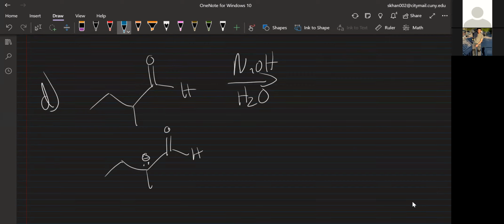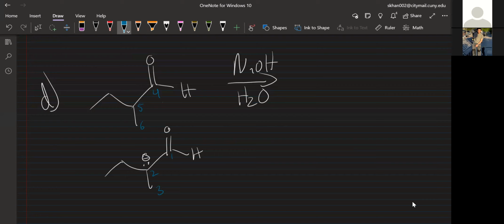We'll say this is 1, 2, and then let's say 3 is the methyl here. The other part is the ethyl, and then we'll say this is 4, 5, and 6 is the methyl here.